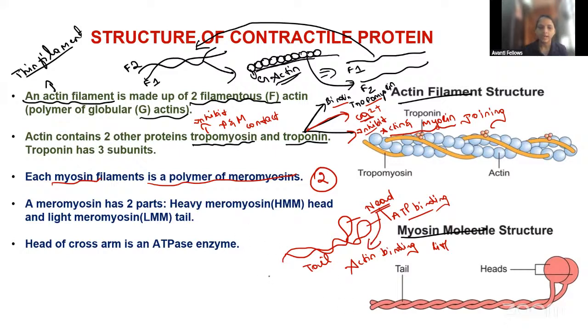I think you understood this. The head is called the heavy meromyosin and the tail is called the light meromyosin. This is the structure you can see here. There are two meromyosins. Together, the two meromyosins we are going to call myosin. This is the head part and this is the tail part.